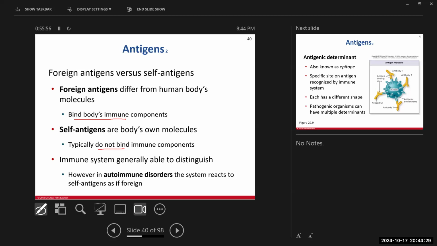I'm refusing to give in to that. But anyways, there are times when they draw my blood to check my thyroid markers that I do have an elevation in antibodies for Hashimoto's. So the point being, with autoimmune disorders, your body will react to your self-antigen as it would if it was foreign.